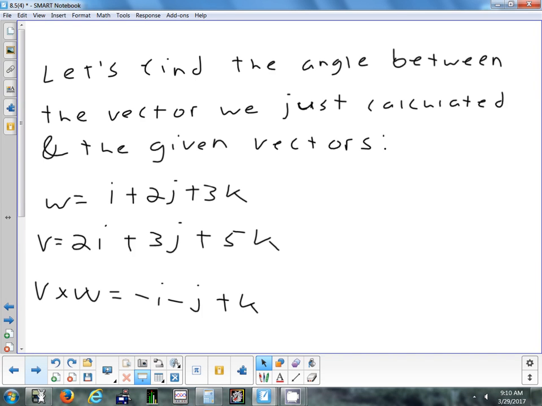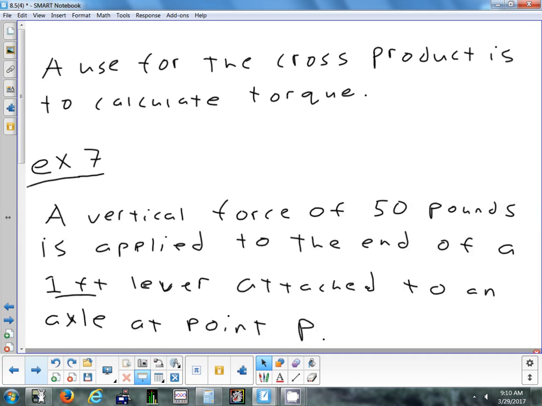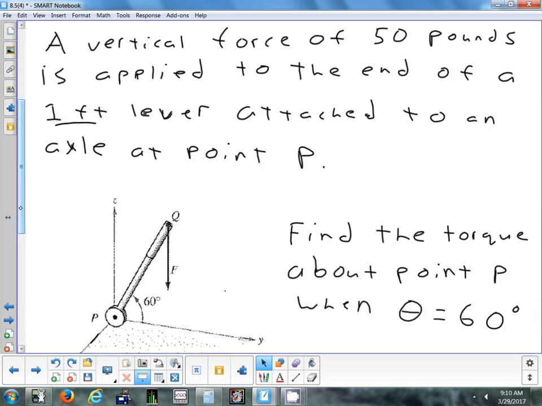And then we'll do something with an angle, and I'm probably going to skip over this. This is a calculus application, finding the torque pulling on a lever. So if you take calculus next year, you'll probably do that kind of problem. But, yeah.